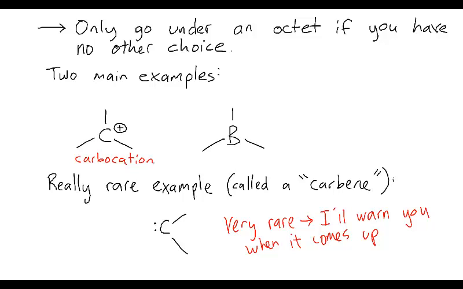We will see carbocations in the middle of reactions, but they're still not that common. So if you find yourself drawing a carbocation, you want to ask yourself, is there another way I could draw this that follows the octet rule? And carbocations are not stable.